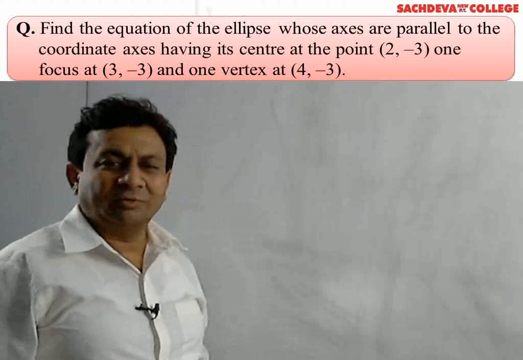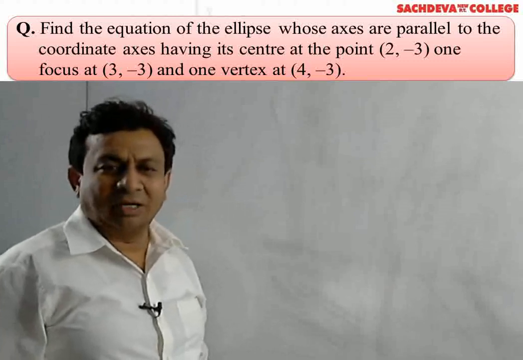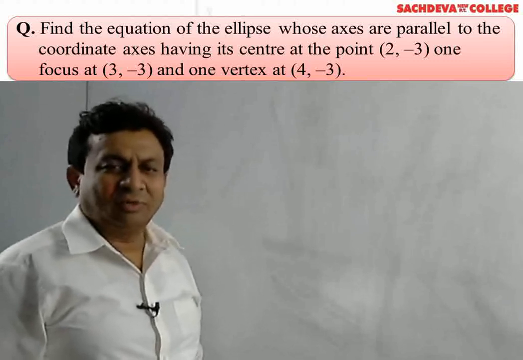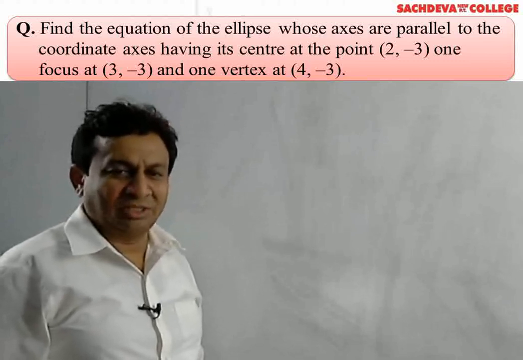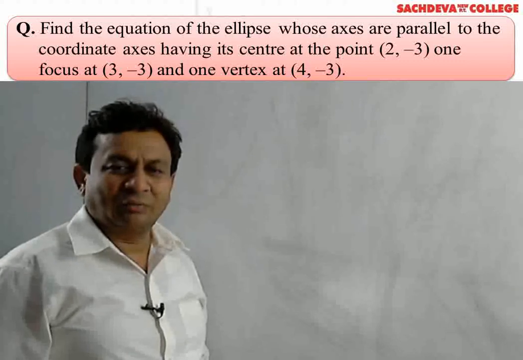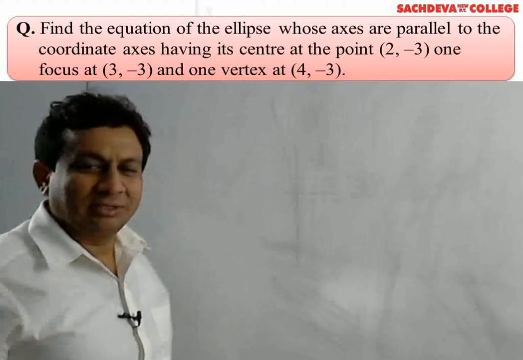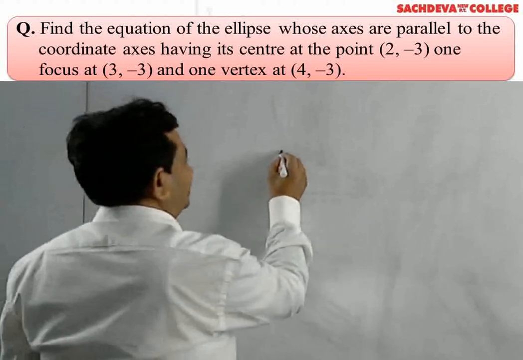Find the equation of ellipse whose axes are parallel to the coordinate axis, having its center at the point 2, -3, one focus at 3, -3 and one vertex at 4, -3. So given that center is 2, -3.